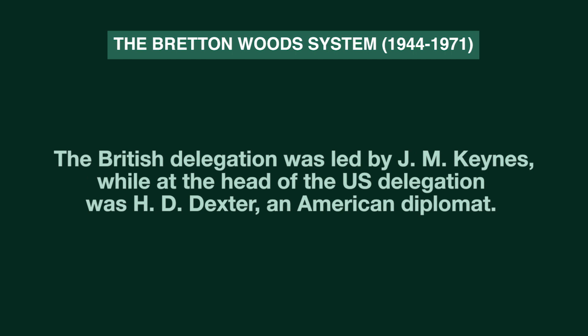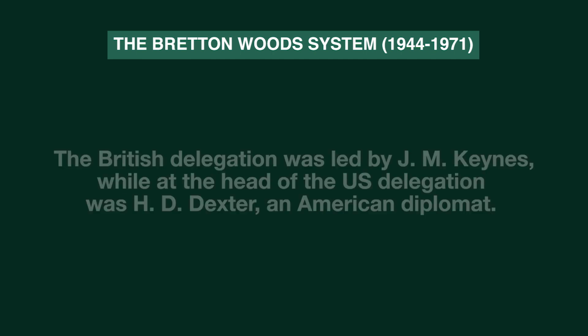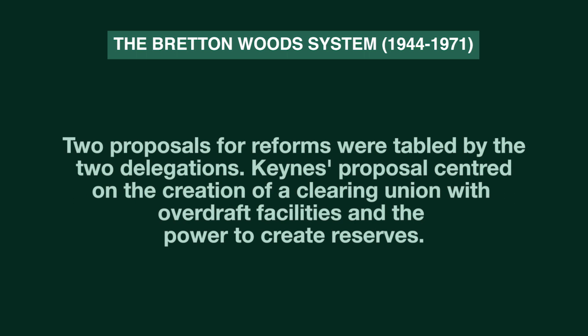The British delegation was led by the famous economist John Maynard Keynes, while at the head of the US delegation was H.D. Dexter, an American diplomat. Two proposals for reforms were tabled by the two delegations.